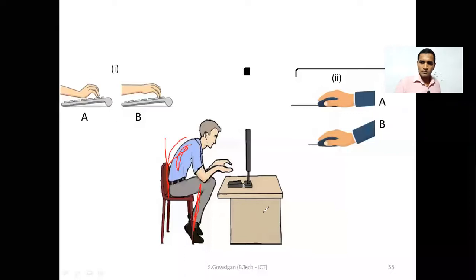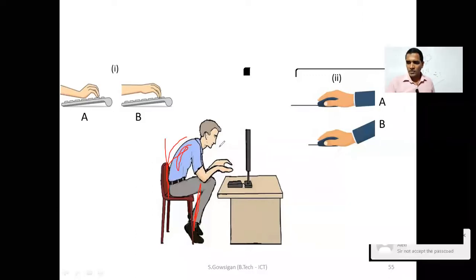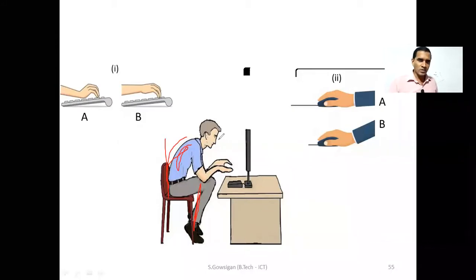Rex Harris. Sir, the distance between his eye and the monitor is less. Okay, right, but I tell you one thing. Sometimes on a picture like this, you cannot exactly say the distance is correct or wrong.